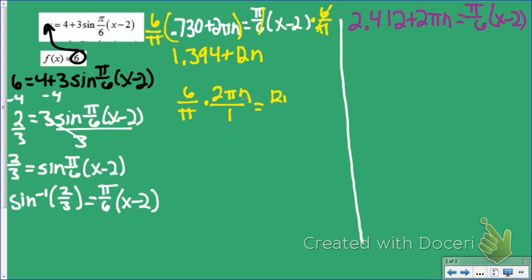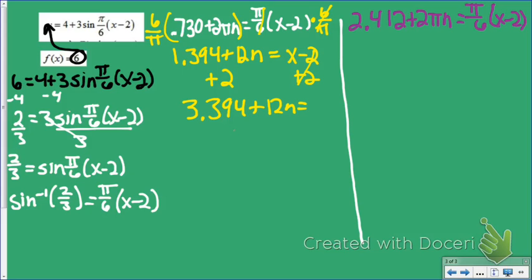So that's 12 pi n over pi. Those pi's cancel out, that's how I'm getting 12n. And then this is going to be equal to just x minus 2 now. So my last step is simply to add that 2. I can only add 2 to like terms, the 1.394. So that gives me 3.394 plus 12n. So that's the first part of my general solution.